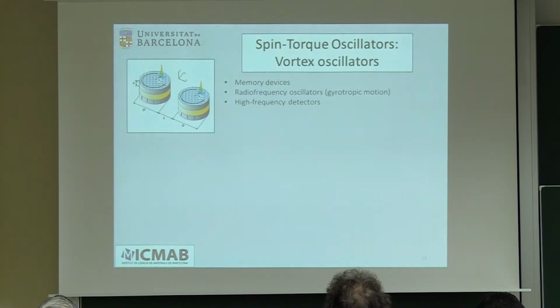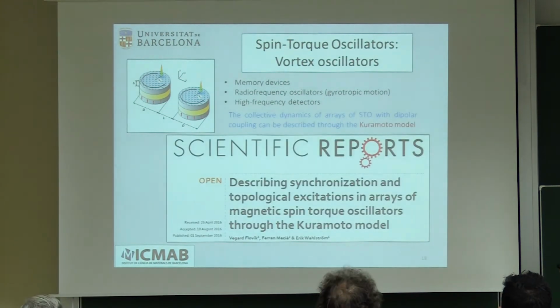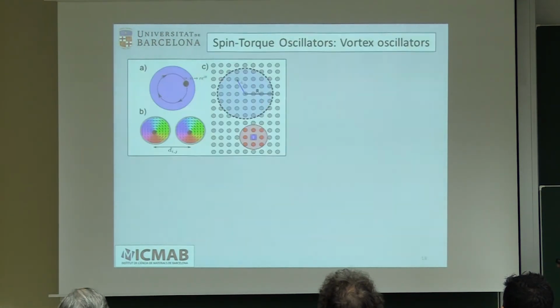But here I just wanted to show you that there's a great resemblance to what happens when you synchronize an array of those oscillators, which can also relate to Johan's group, where you have arrays of many connected oscillators. Here we looked at a two-dimensional array of spin-torque oscillators, coupled just by dipolar fields. We didn't allow any exchange fields.